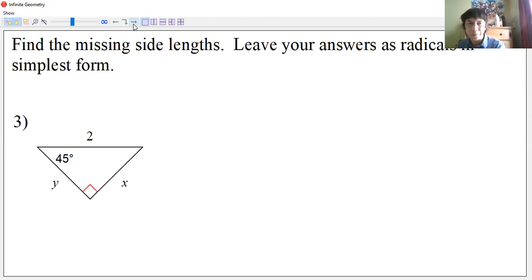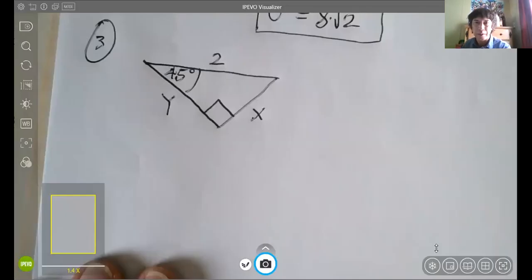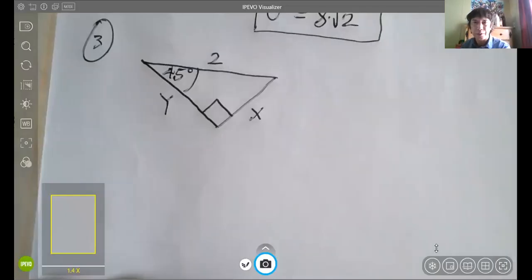We're about to solve for the legs. There, let me just proceed to the other screen. Okay, so it must be this one. Okay, here's our number 3.